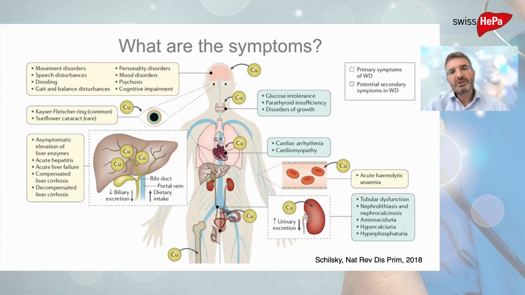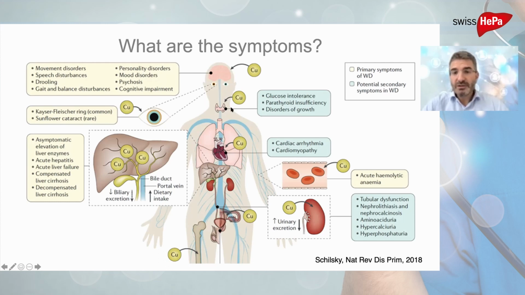When there is a copper overload in the brain, movement disorders can develop with speech disturbances, gait and balance disturbances, for example, but also personality disorders, mood disorders, or cognitive impairment.